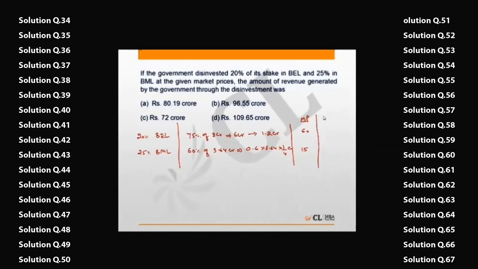So the total revenues that the government would get would be 72 crores here, and in this case it will be 0.6 into 3.64 into 15 by 4, which is approximately equal to 8 crores. Hence the appropriate answer to this question is A.